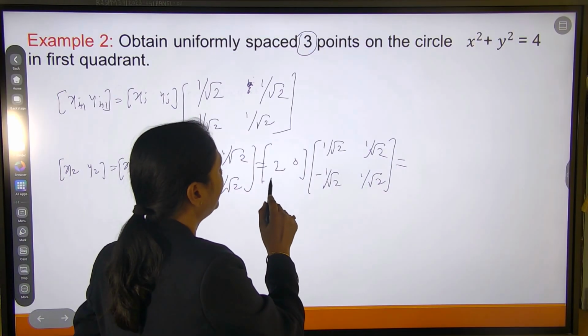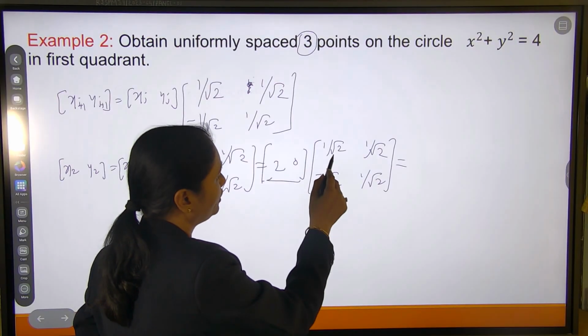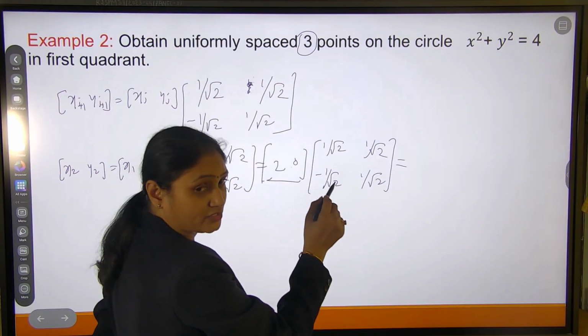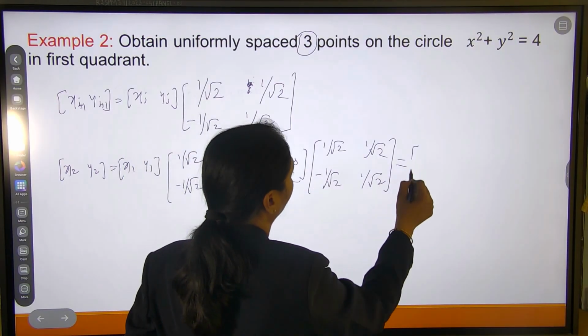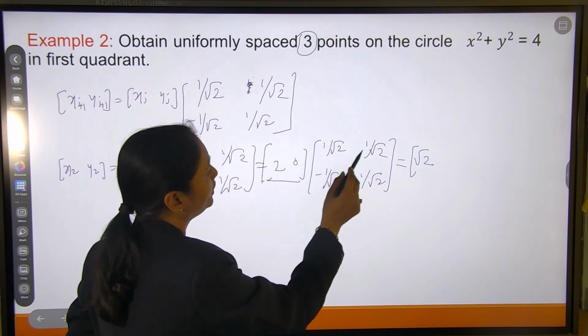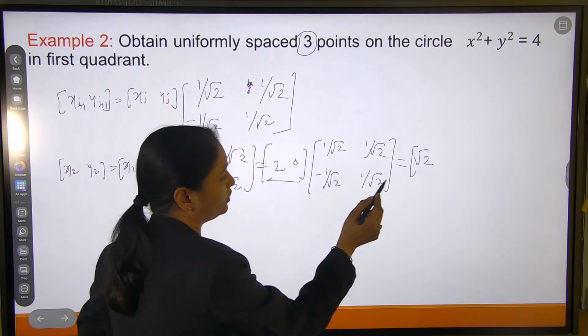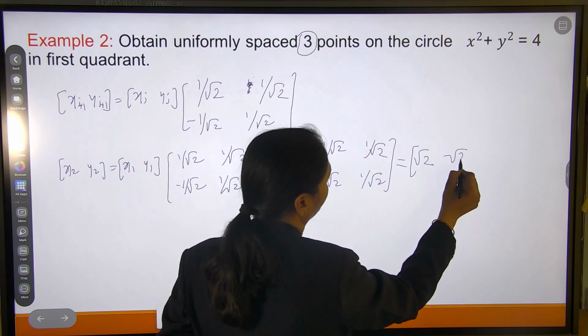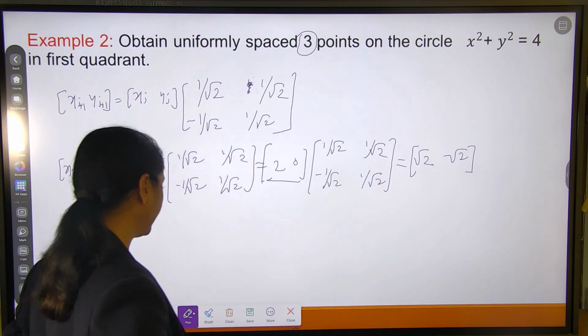So multiply this row by the first column: 2 into 1 upon root 2 and 0 into minus 1 upon root 2, so it is only root 2. Again 2 into 1 upon root 2 and 0 into 1 upon root 2, so it is root 2. So this is our second point.